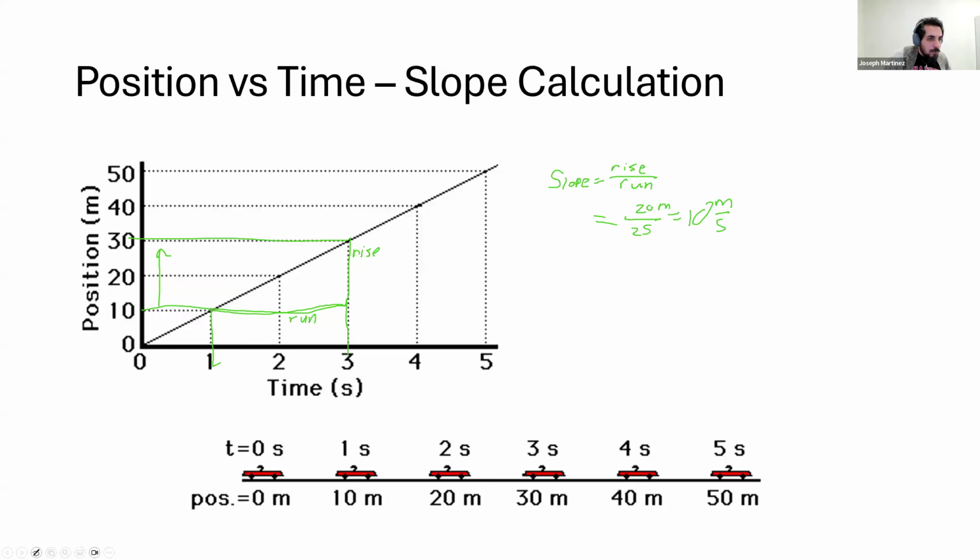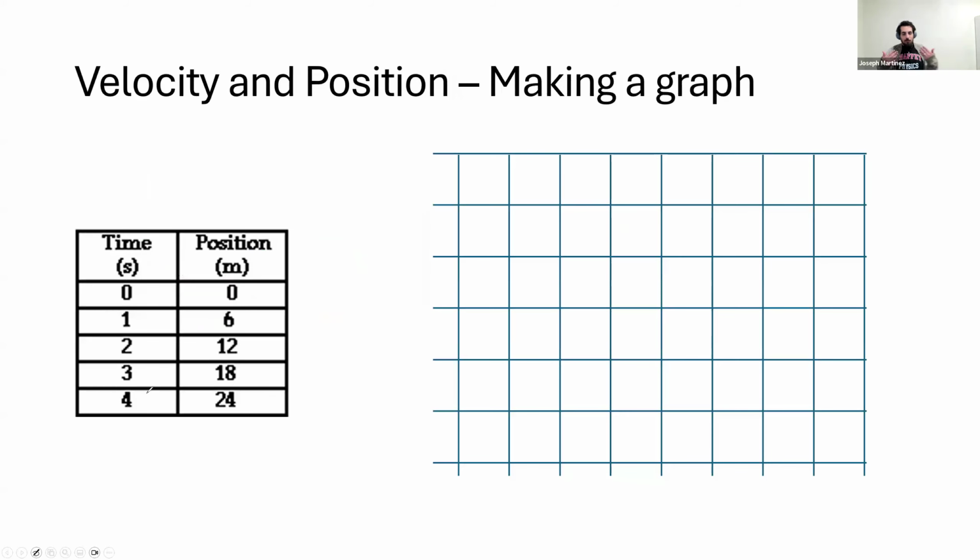And to further our mathematical review of lines, I want to take one step even further back. What happens if you're not given a graph, but you're asked to make a graph? And again, this week in your lab, you will be asked to make a graph of position on the vertical axis and time on the horizontal.